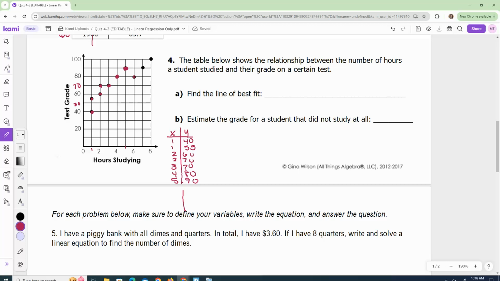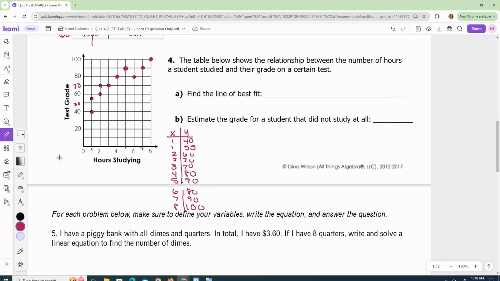Okay, this one, Holden. 6 and 80. This one, Kale. What's this point? And the x is 7. And Bailey, what's the last one?